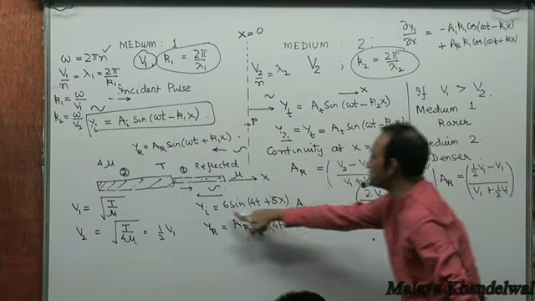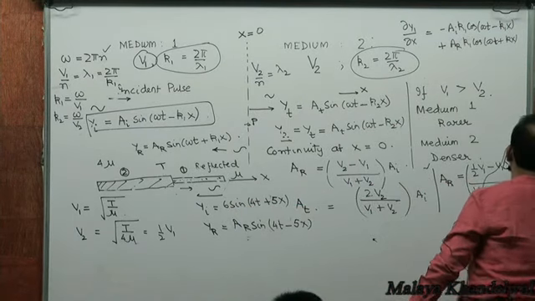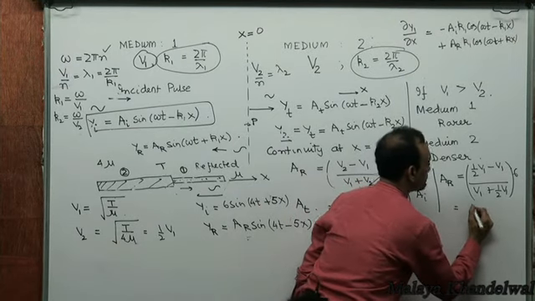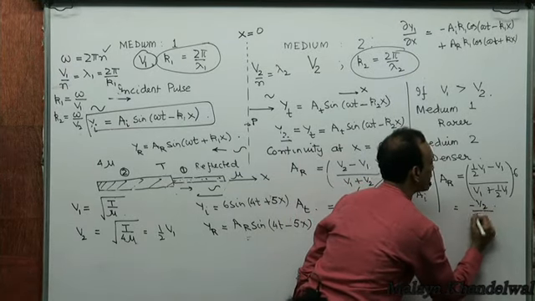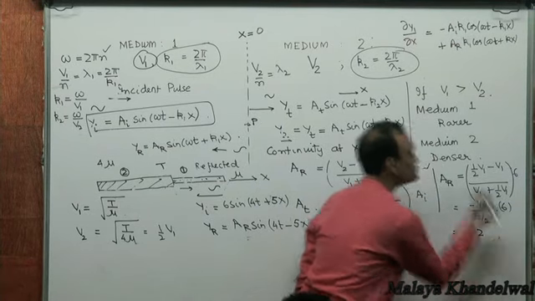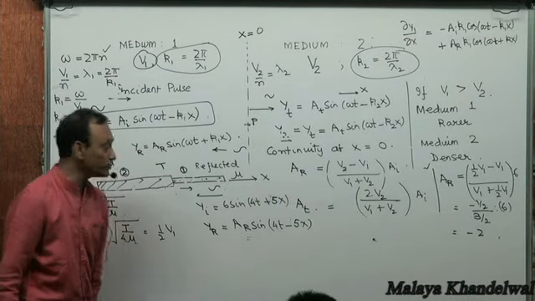What's the amplitude of the incident pulse? 6. So it is like minus half divided by 3 by 2, times 6. That's going to be the amplitude of the reflected pulse, so that's minus 2.